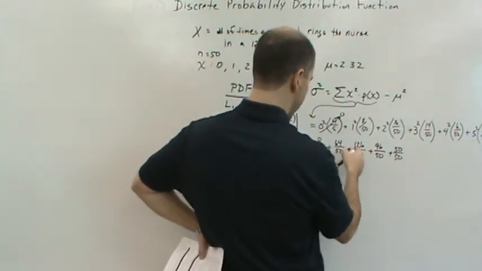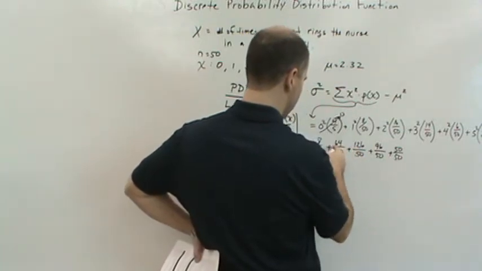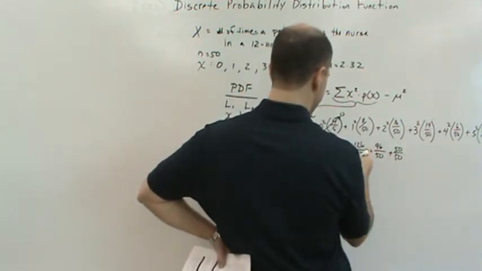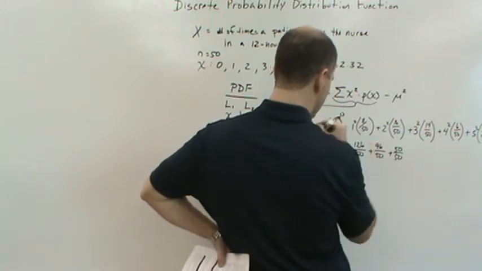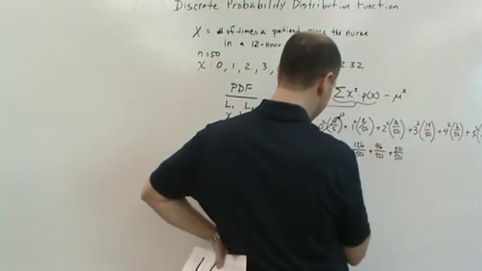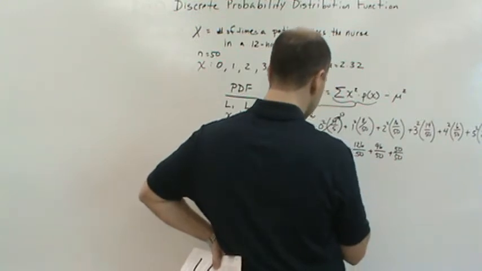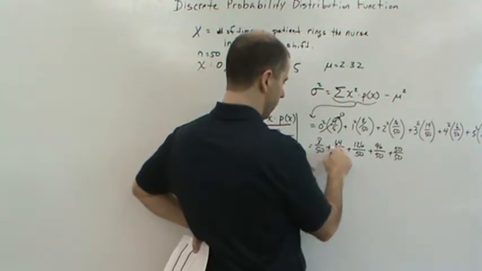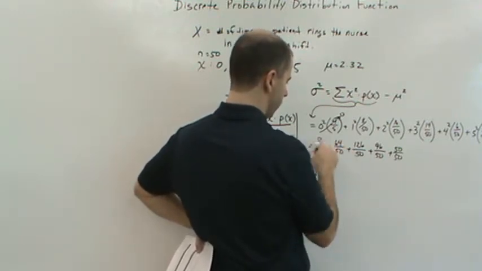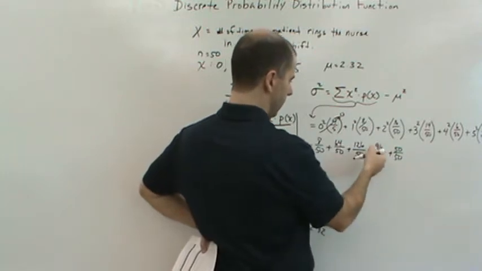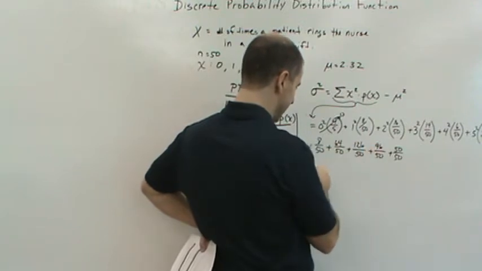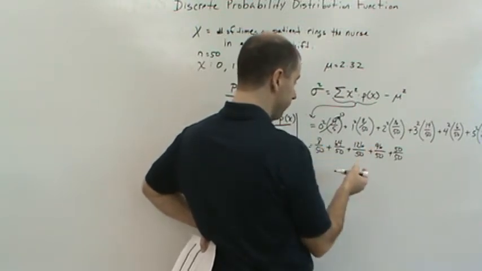So 8 plus 64 is 72, plus 126 is 198, plus 96 is 294.